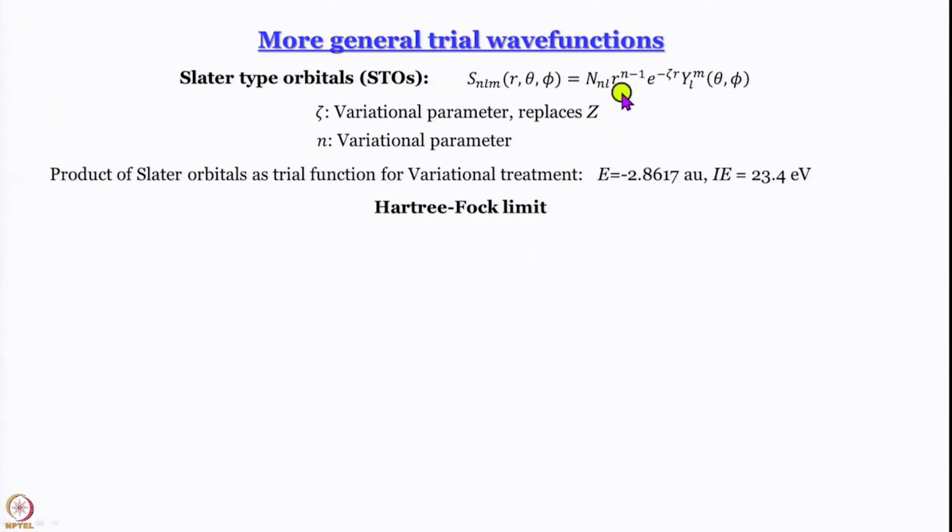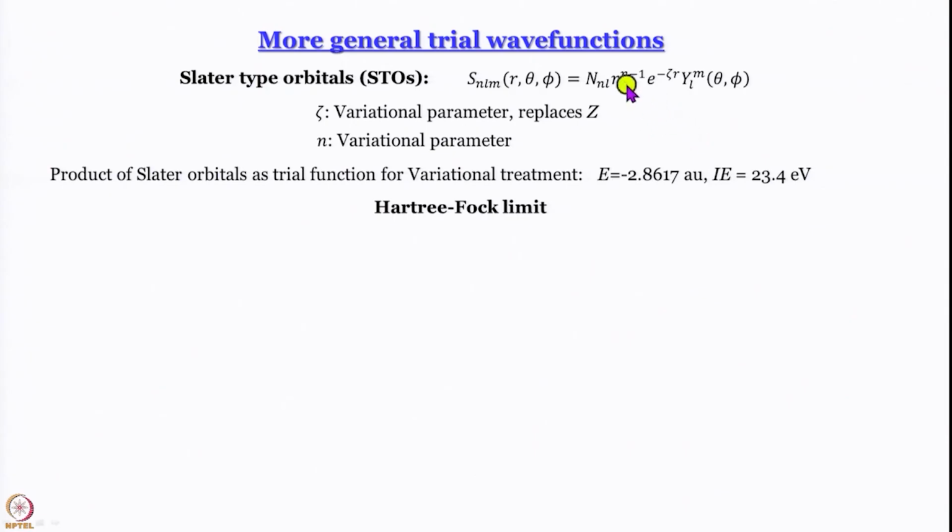And that turns out to be a normalization constant multiplied by r to the power n minus 1 multiplied by e to the power minus zeta r. Instead of z we have written zeta, where zeta is a variational parameter, and that is multiplied by an angular part. So, we have something similar to the hydrogen atom wave functions. Once again we have a radial part multiplied by an angular part, but something is missing here, right. What is missing?